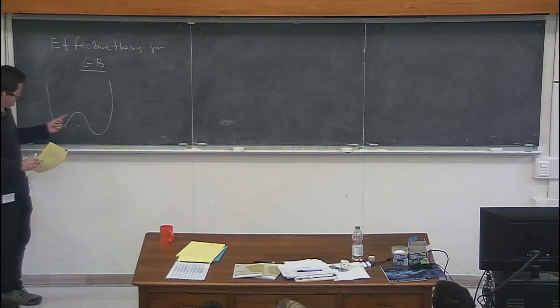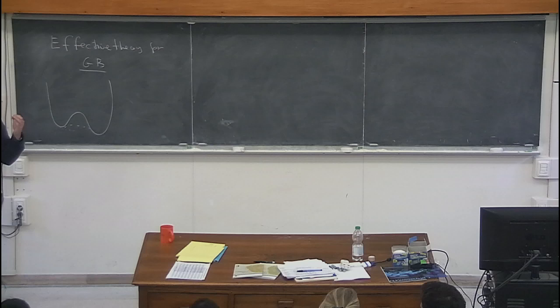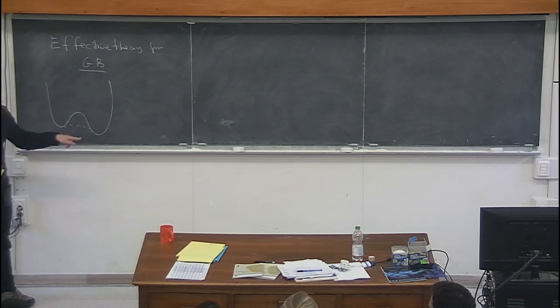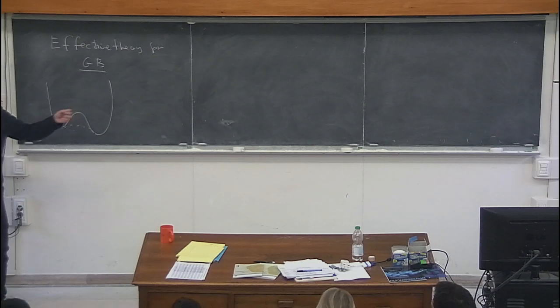There has to be a valley, and this valley is nothing else but taking the symmetry generators and acting on one of the vacua. If the symmetry generator is unbroken, you will stay at the same point. That's what it means that the symmetry is unbroken. If that particular direction is broken, you will have to move. That's what it means that the symmetry is broken.